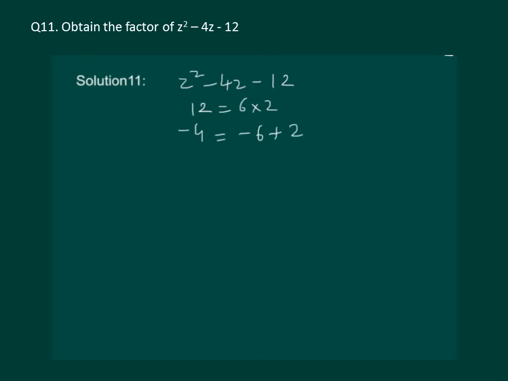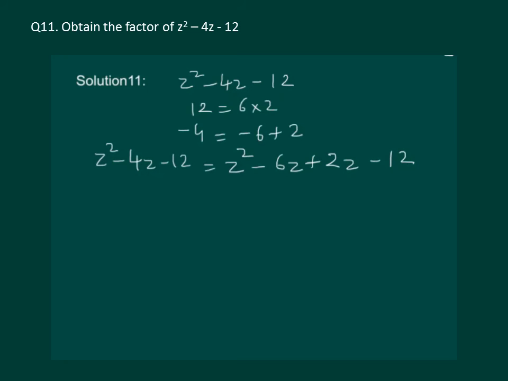That means we can split the middle term of our expression. So let us write z square minus 4z minus 12 equal to z square minus 6z plus 2z minus 12.